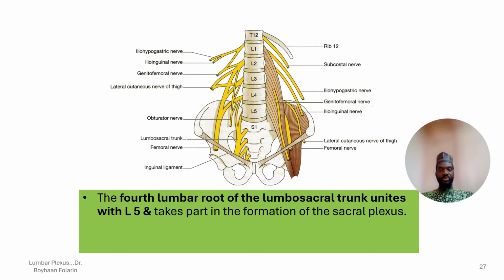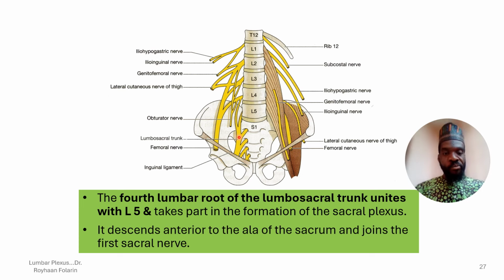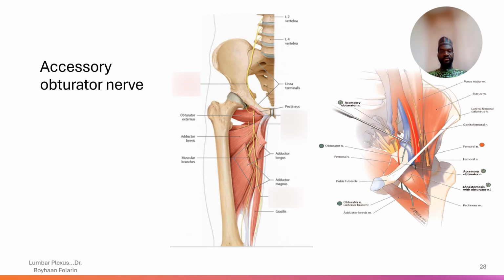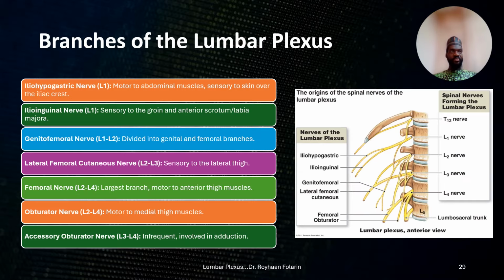The fourth lumbar root of the lumbosacral trunk unites with L5 and takes part in the formation of the sacral plexus, and it descends anterior to the ala of the sacrum to join the first sacral nerve. The accessory obturator nerve, whenever it's present, also takes a similar route to the obturator nerve.